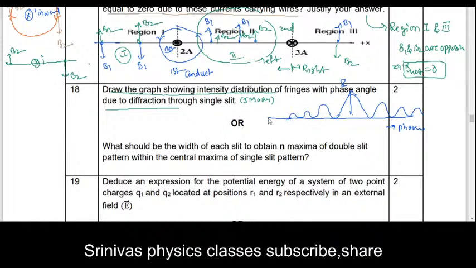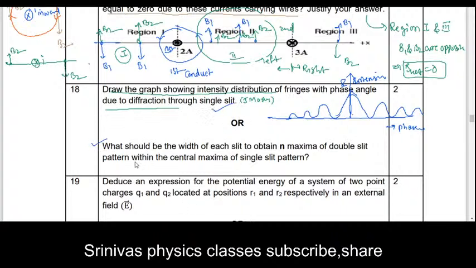Intensity decreases with the phase angle. This is the graph showing the intensity distribution of the fringes with the phase angle due to diffraction at single slit. Completed this diagram.